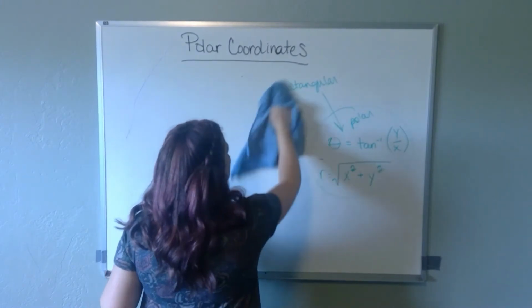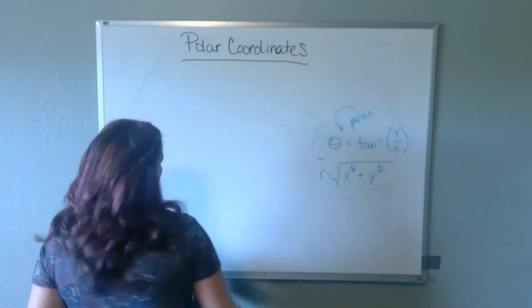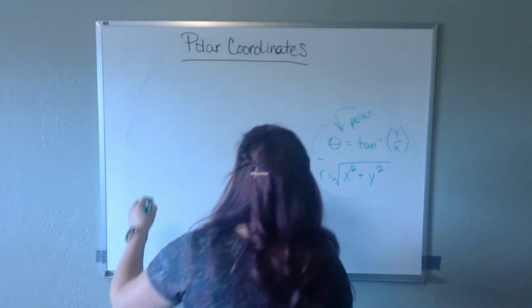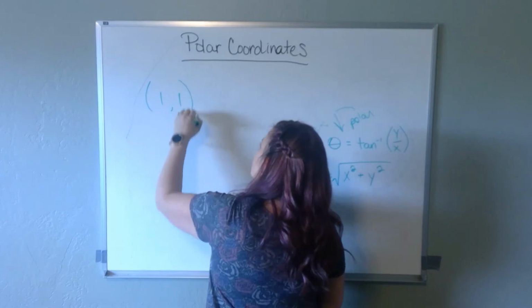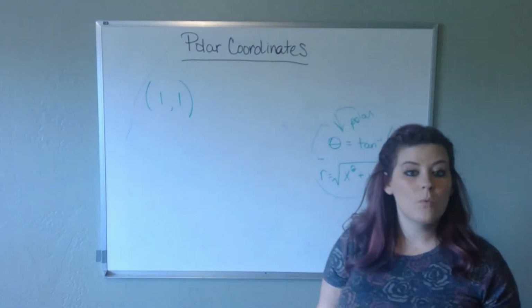All right, we're going to leave our formulas. I want to find the polar coordinates that correspond to these rectangular coordinates. So 1, 1.